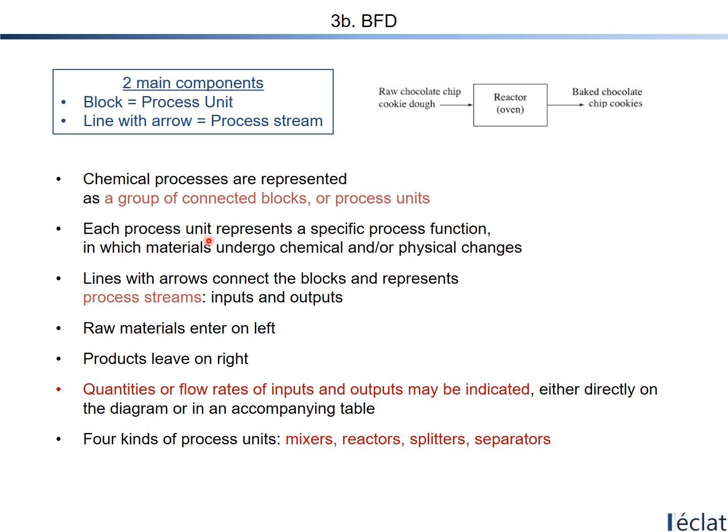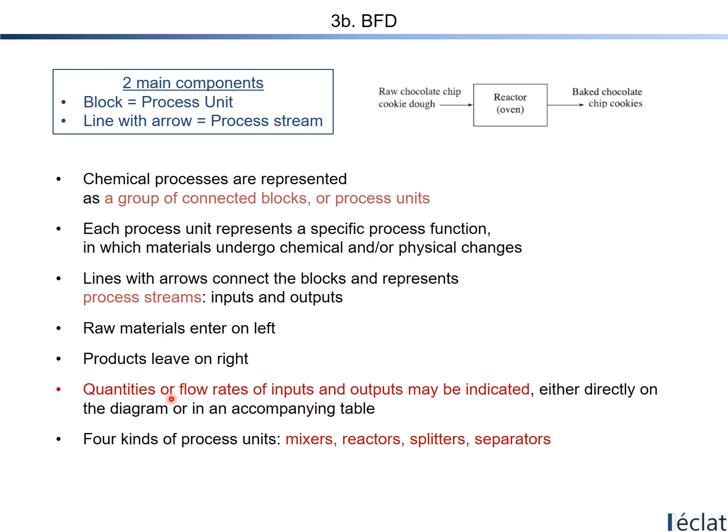Each process unit represents a specific process function in which materials undergo chemical and/or physical changes, like reactor, mixer, something. Lines with arrows connect the blocks and represent process streams, input and output. Raw materials enter on the left and products leave on the right, like in the input-output flow diagram.